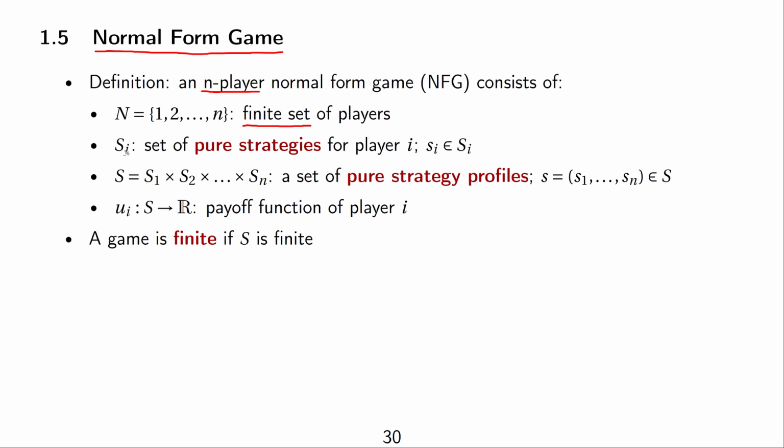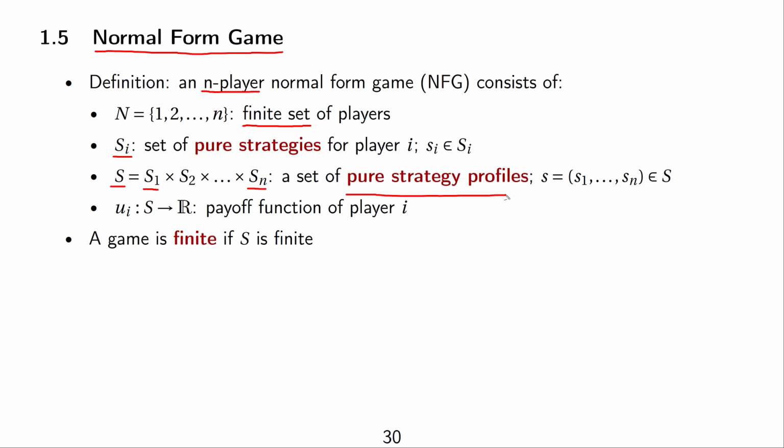So each player i has this set Si that gives all the choices that a player can choose from. And then when we combine the choices of all the players, so this S1 is the set for the first player, and so on and so forth, and Sn is the set for the nth player, and taking everything together, then we have S, which is a pure strategy profile.